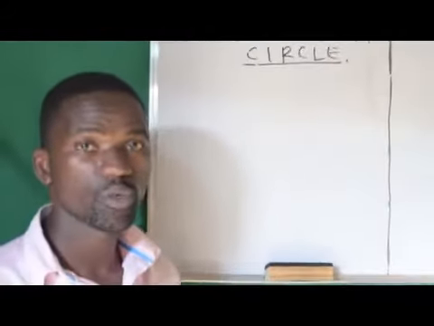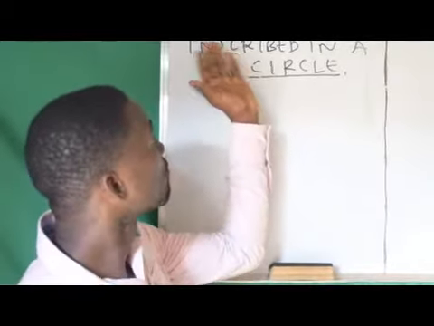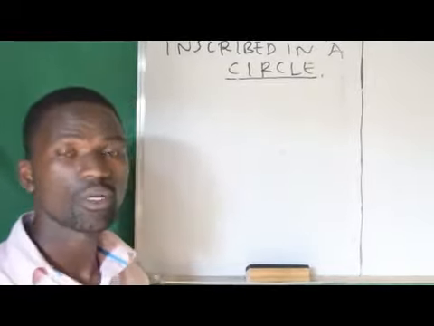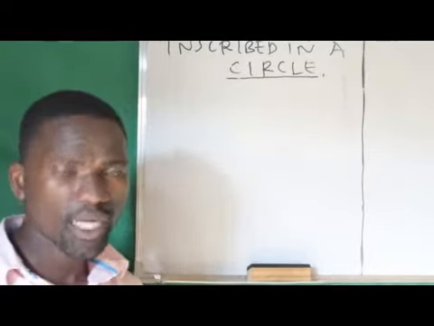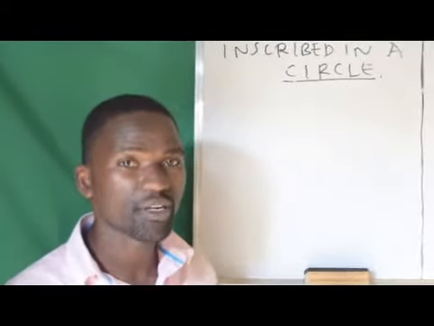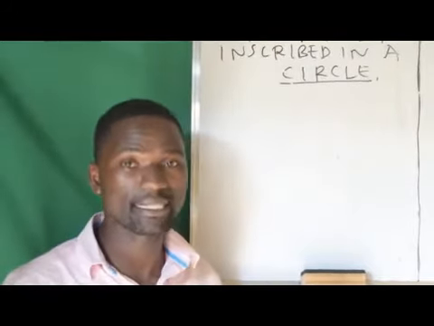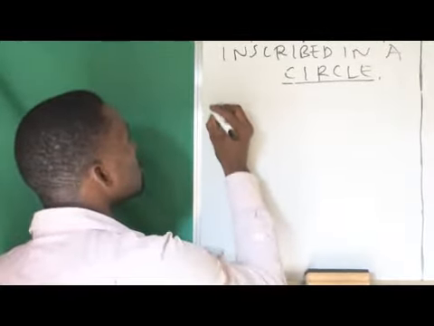So we are continuing with the lesson, students. The main focus with doing a regular polygon inscribed in a circle is to know how we can find the perimeter and area of that kind of shape located in that manner inside the circle.